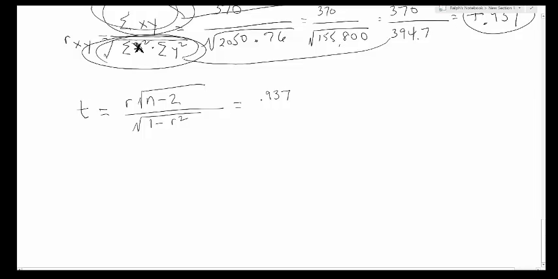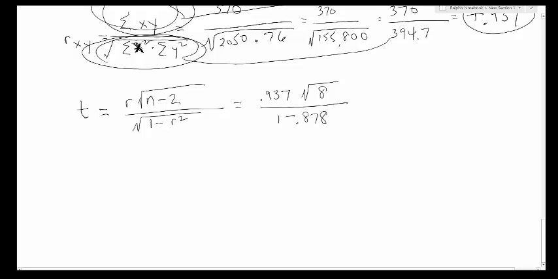So this is 0.937. What was n? n was 10. What's 10 minus 2? That's 8. Square root of 8. What's in the denominator? 1 minus, what's R squared? So R squared is 0.878.